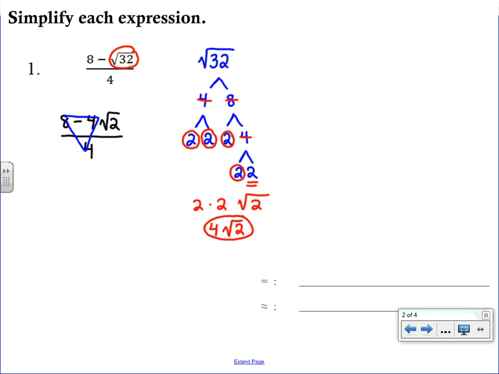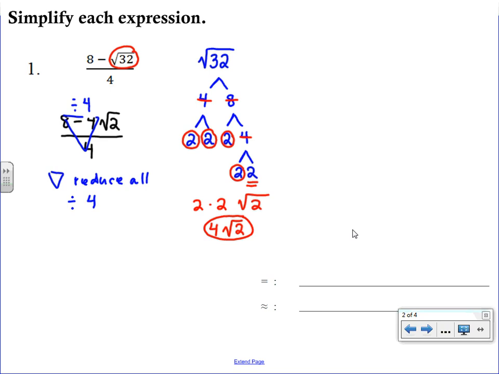I can divide all of those by 2, but if I want to go bigger, I can also divide all of those by 4. This little triangle indicates that we can reduce all of those factors, and they're all divisible by 4. This will give us a very simplified answer.